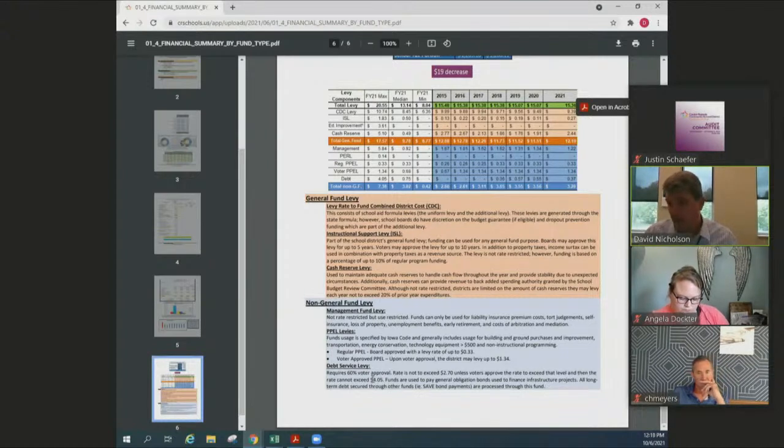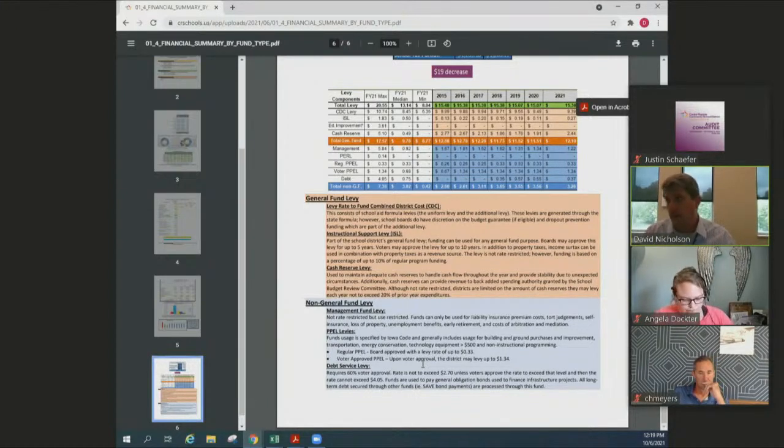So general obligation bonds require a supermajority vote to pass, which means 60% approval. So if you pass it at 55%, it doesn't pass. It has to be 60%, and there are caps on how much you can levy.